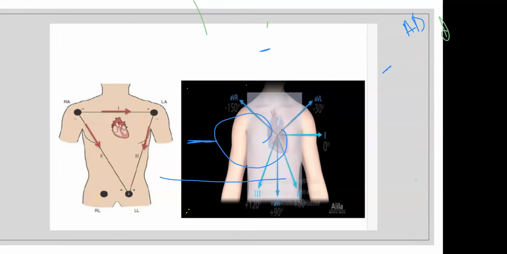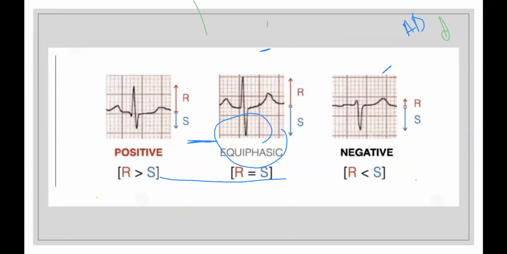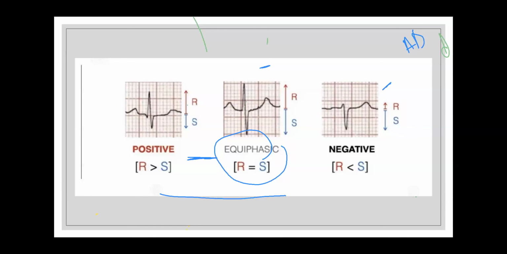Now, I've already discussed that if the direction of the current is going towards the lead, it will give you a positive deflection. The positive deflection is shown by the R wave, and the negative deflection is shown by the S wave. So how can you say if a lead is positive or negative?